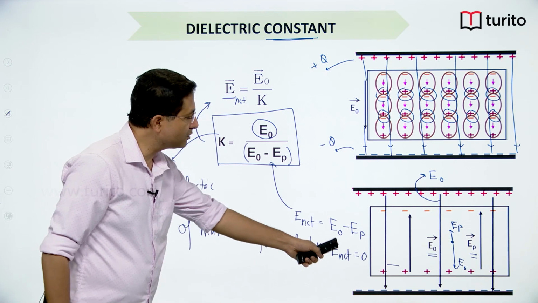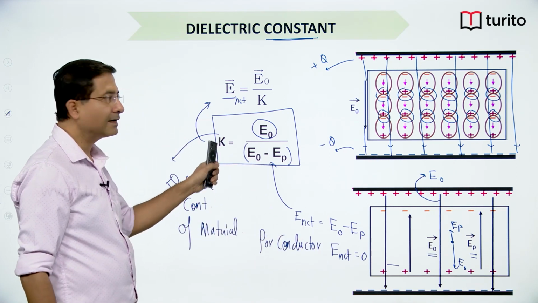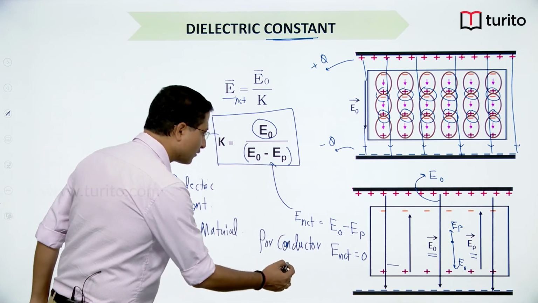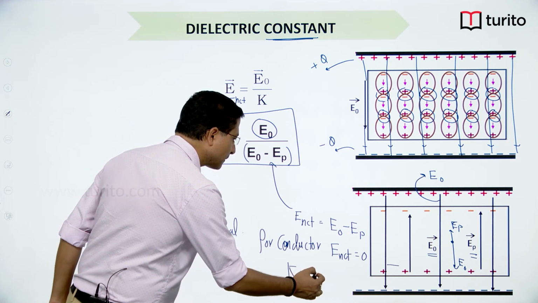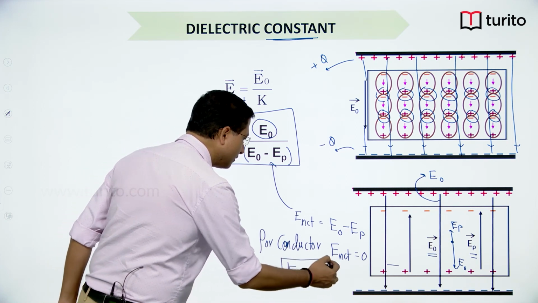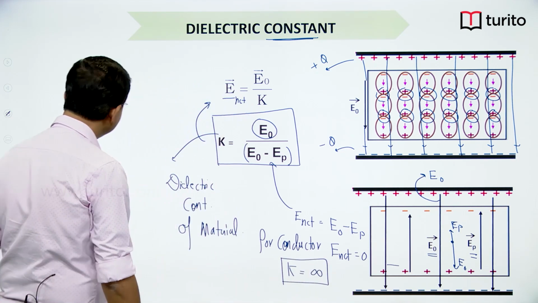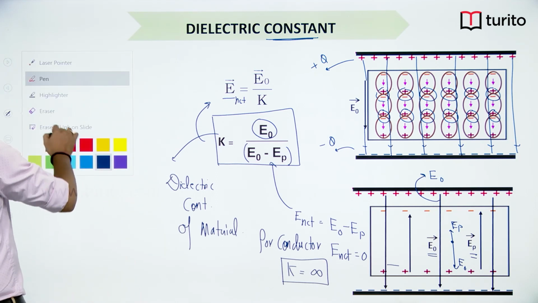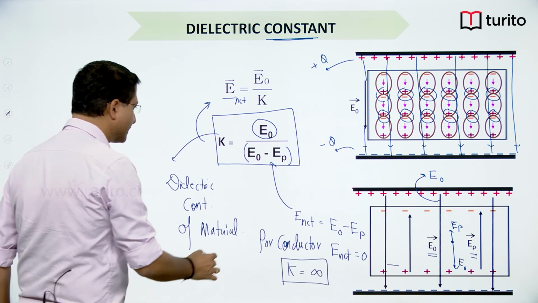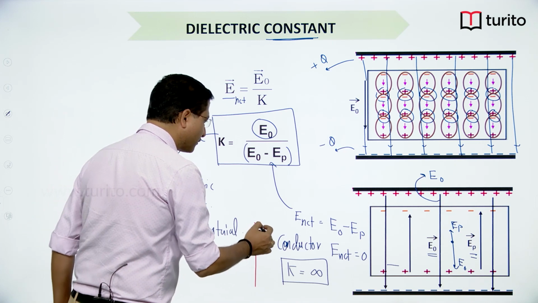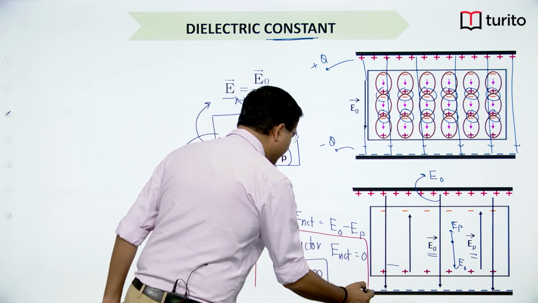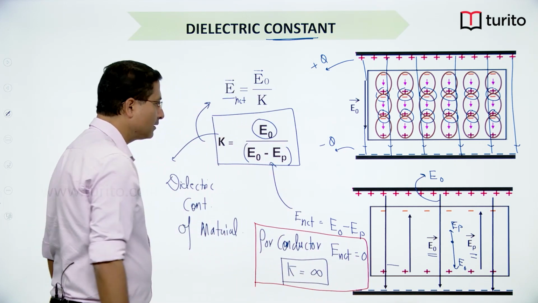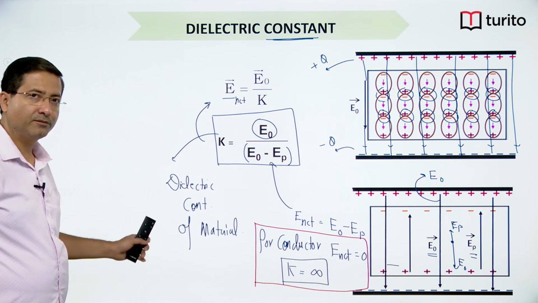If I substitute 0 here, I will get a dielectric constant of infinity for a conductor. So, for a conductor we have dielectric constant infinity, but for any insulating material obviously that will be some finite value, right.